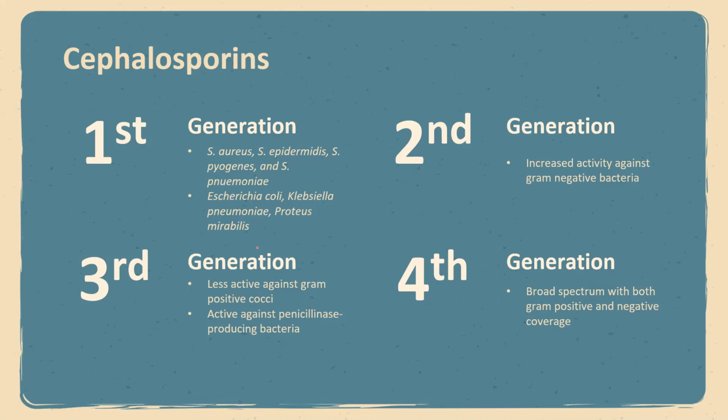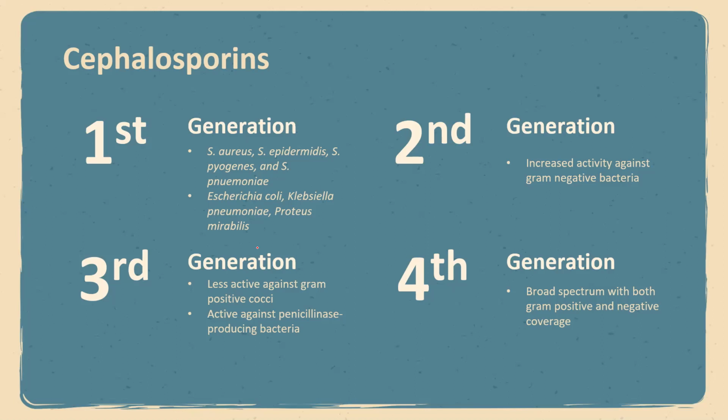However, this first generation may have a mild action against some of our gram-negative microorganisms, which include Escherichia coli, Klebsiella pneumoniae, and Proteus mirabilis. Our second generation cephalosporins have increased activity against gram-negative bacteria.